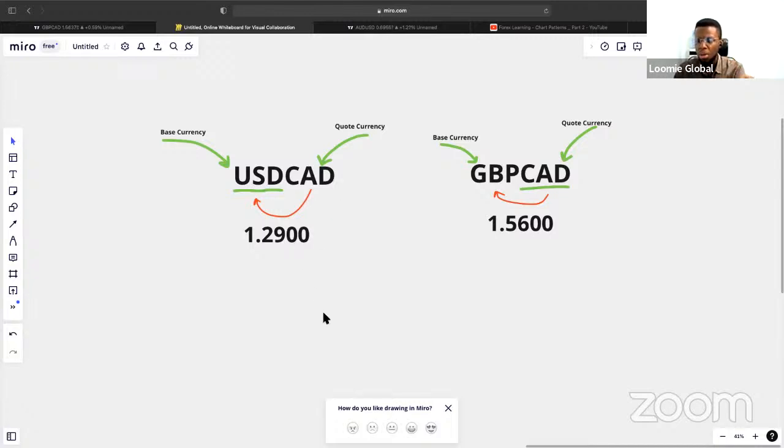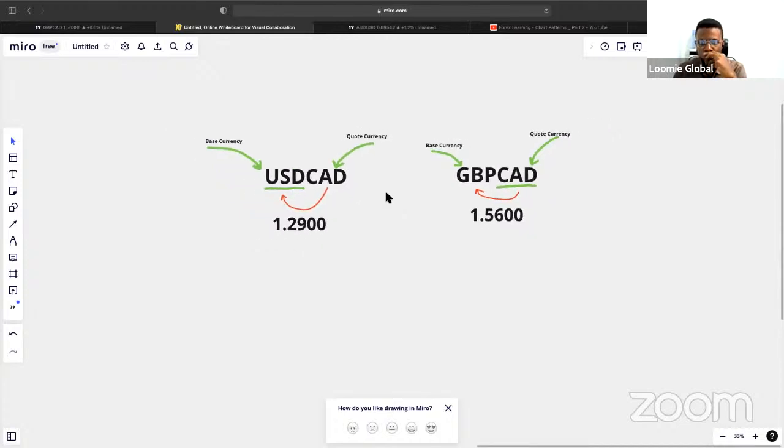If we are having lower prices, it means you need fewer Canadian dollars to buy 1 US dollar. I'm not going to go too deep into all of that explanation. I'm just going to direct you to go to Investopedia, type in base currency, type in quote currency, read up the definitions and try to understand what those things mean. And I'm even hoping I've not mixed them up because it's been a while since I've read or studied any of this stuff. I just basically apply them to my trading.